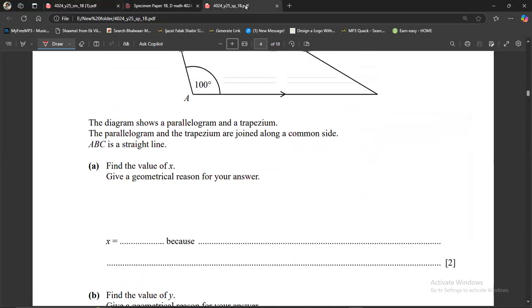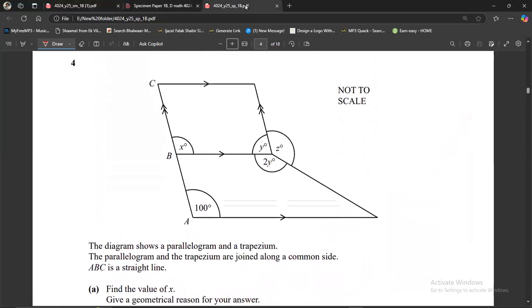We know the value of x is 100. Can you see this x and this y, can you see these parallel lines? These two angles are co-interior angles of the parallel lines, or we say they are the allied angles. The sum of the allied angles is 180. So x plus y is equal to 180.